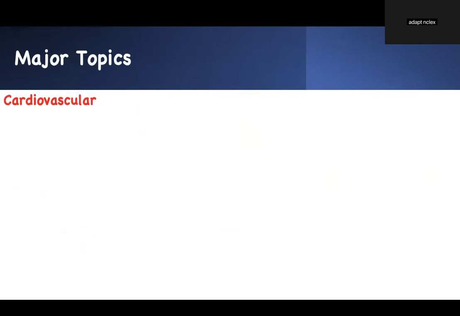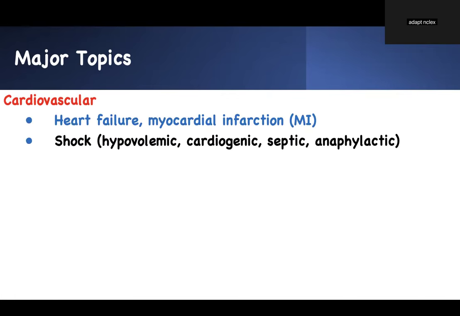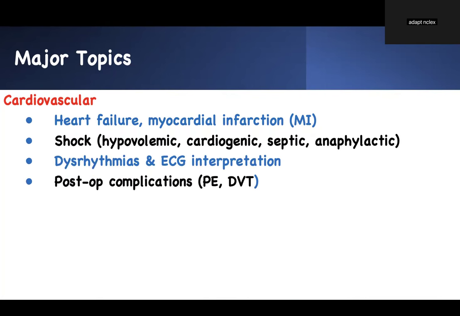So what are we going to talk about? The individual systems. The cardiovascular system, this is what they're testing. Know your heart failure. Know everything about heart failure. MI, myocardial infarction, and shock. All the stages of shock. I will link a bunch of videos associated with this system if you need help with that. And then EKG, of course.